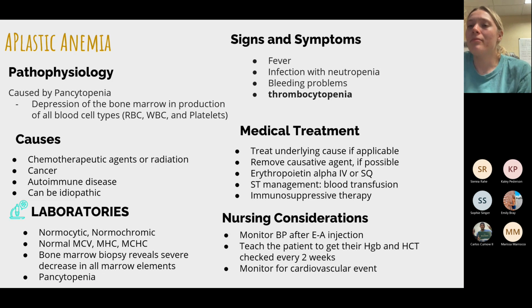Therefore, if my patient is getting epoetin alfa, I need to check their H&H, and I also need to check their blood pressure. The reason I check the H&H is I want to make sure that their hemoglobin and hematocrit are not too elevated, because if those numbers go beyond the normal lab values, now I'm concerned that the blood is really viscous and it can clot.